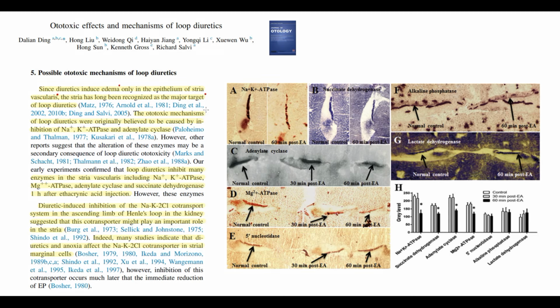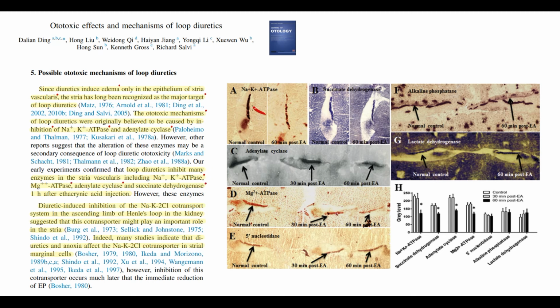The reason why edema develops is that loop diuretics cause inhibition of crucial enzymes and transporters. First of all, loop diuretics inhibit sodium-potassium ATPase and adenylate cyclase. In addition to this, loop diuretics inhibit magnesium ATPase and succinate dehydrogenase enzyme.